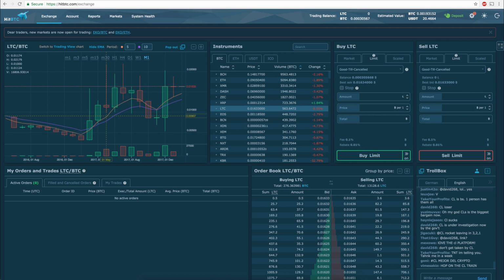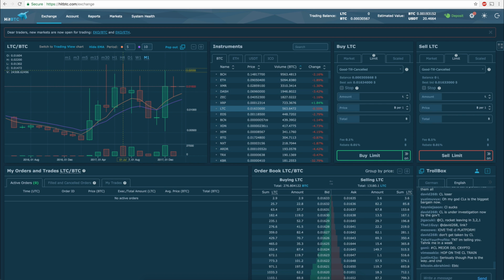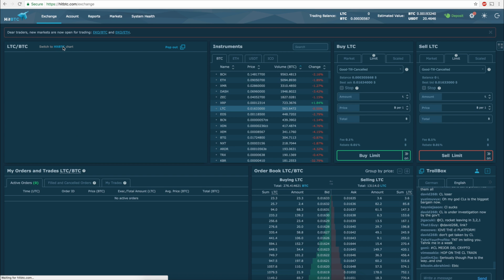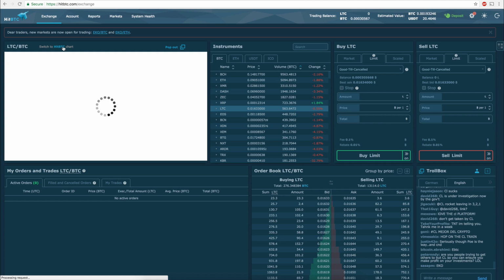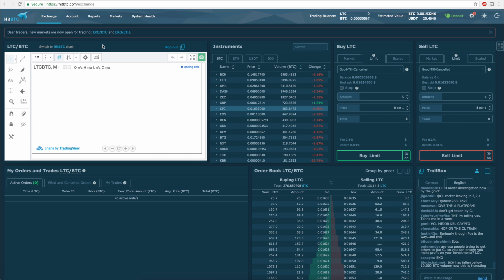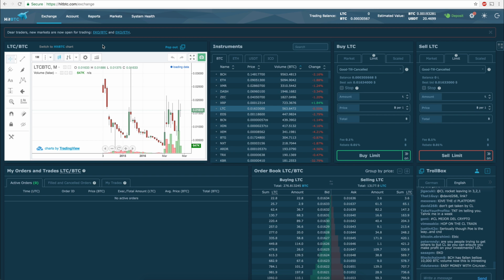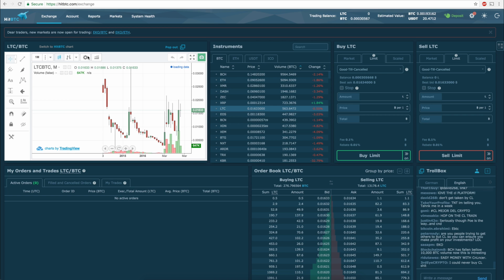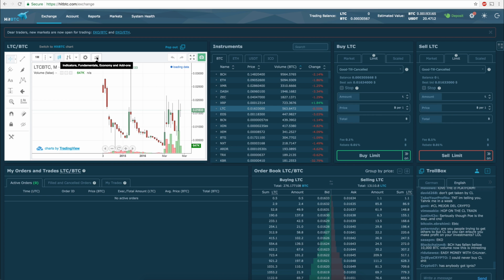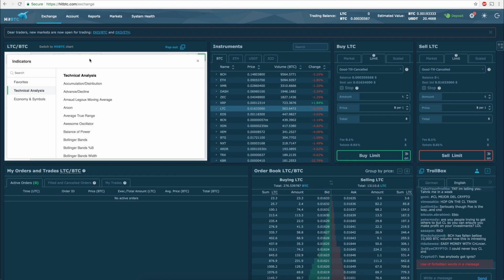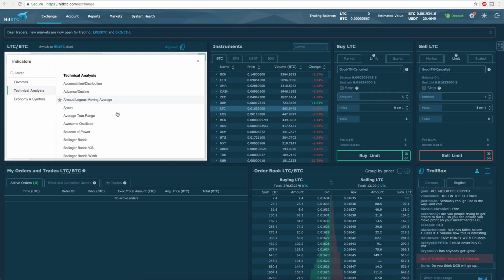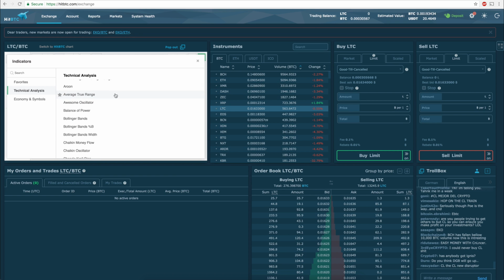So this is the chart from HitBTC. You can switch to the TradingView chart if you want to be able to use different indicators and different signals and draw your own trend lines and other things like that. As you can see, if you press on this button over here, this gives you different technical analysis tools.